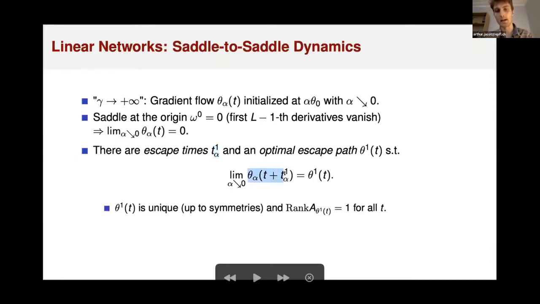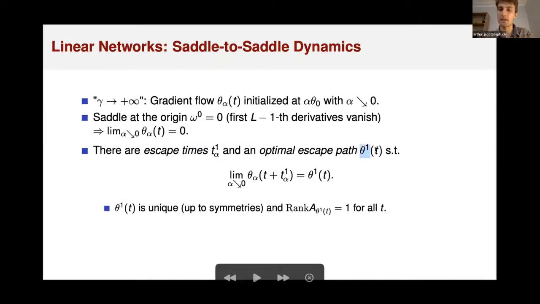And then we look at the limit of this gradient flow path as alpha goes to 0, but after escaping the saddle. And what we show is that this dynamics converges to what we call an optimal escape path. An escape path would be any gradient flow path that leaves the saddle.